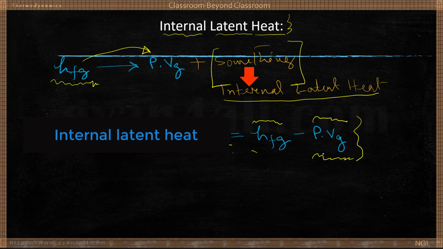Only during evaporation does work begin, because there is a change in volume. Up to the saturation, up to the boiling point, it remained as water, so the specific volume of saturated liquid, VF, remains the same. That means no change in volume, therefore there is no work done.